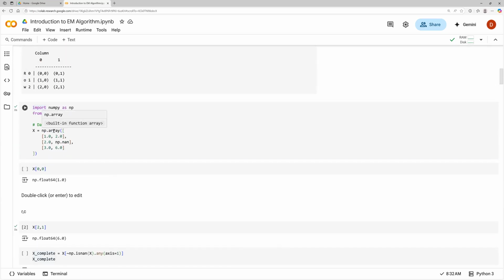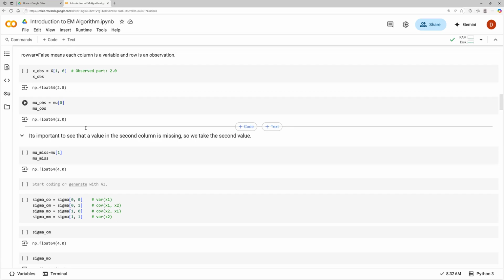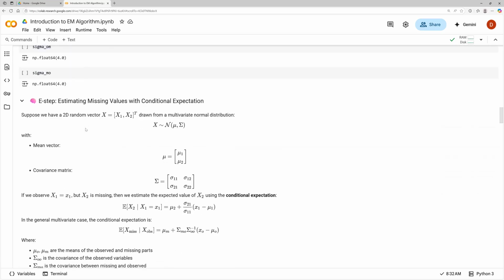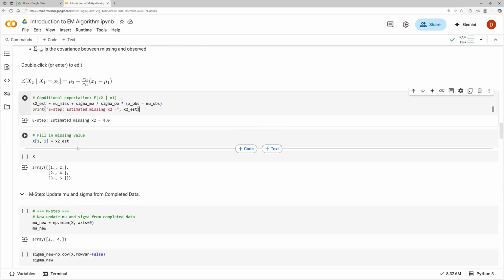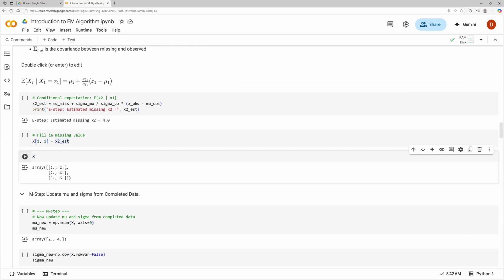The position is 1,1, which was missing, because it's row 1, column 1. We plug that into the matrix, and we get a 4 here.